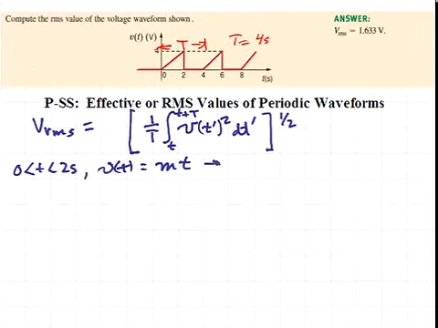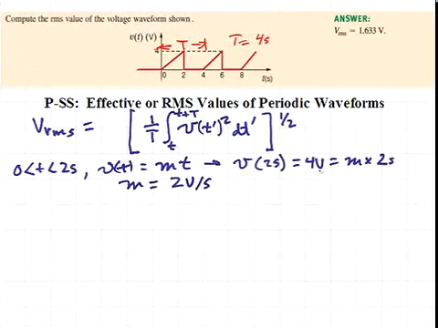So we can determine the value of m by saying that at 2 seconds, v of 2 seconds is equal to 4 volts, and that's equal to m times 2 seconds, or we have that m is equal to 2 volts per second. So over this interval 0 less than t less than 2 seconds, v of t is equal to 2t volts.